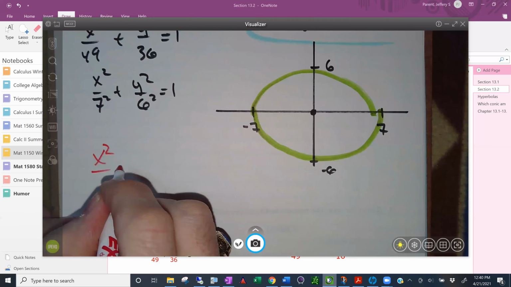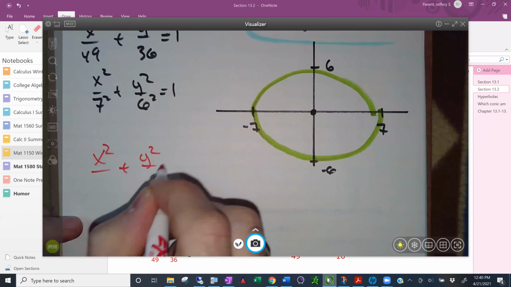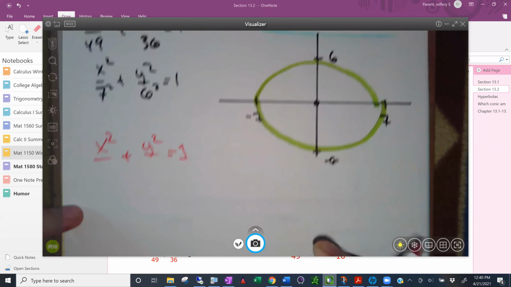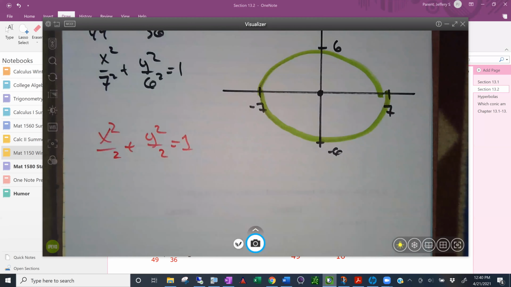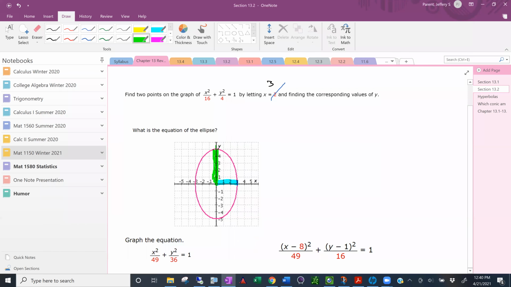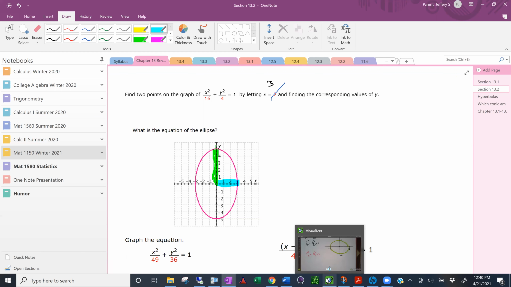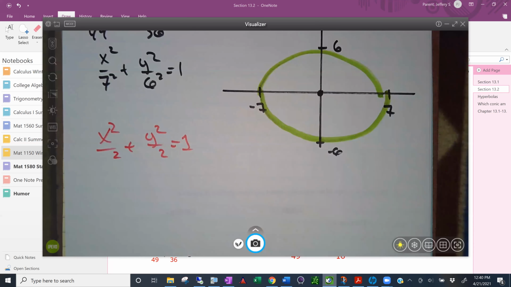x squared over something plus y squared over something equals 1. It's just a matter of determining what these somethings are. They're both going to be things that are squared. How far away are you moving to the right to find vertices in the x direction? There's this blue distance here. In other words, what number am I going to write underneath my x squared term? 3. So that'll be 3 squared.